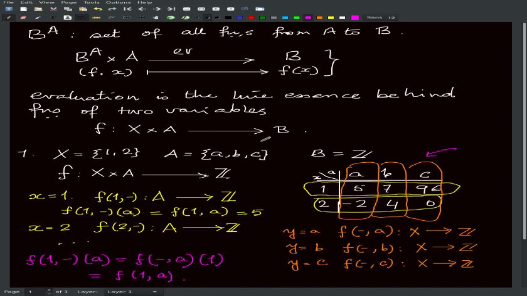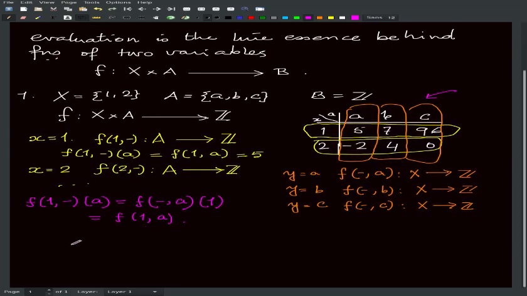Now let us see. Now I will utilize this to say I have a map from X to Z to the power A. What is it? I take 1 to f1. So that's what I meant by as if.